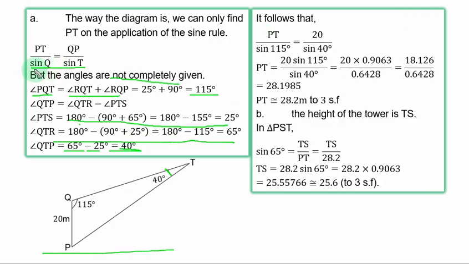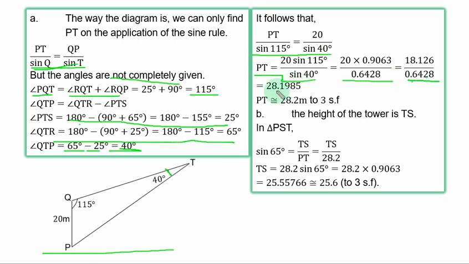Now we can proceed with the sine rule. From the sine rule, you replace the known sides except PT. If you cross multiply and divide both sides by sine 40 degrees, you have PT equal to this. You have this result and this result.